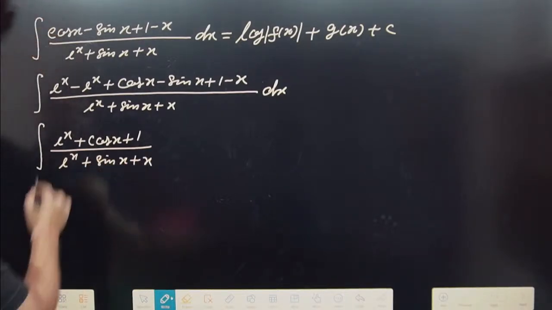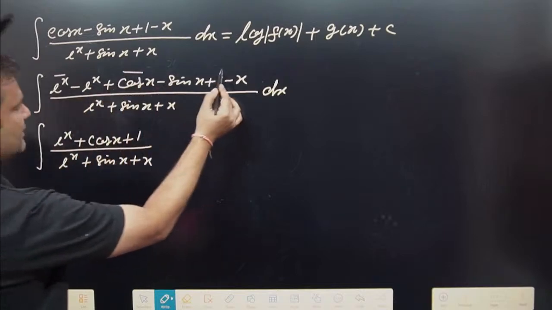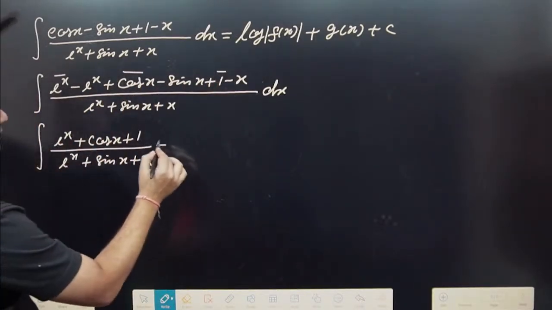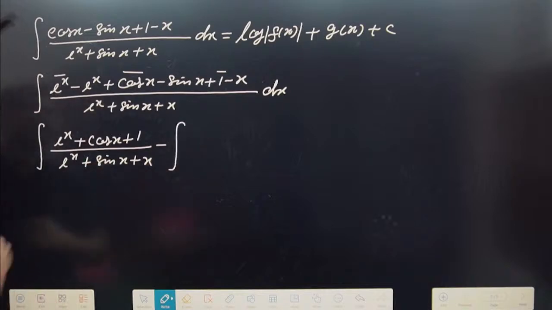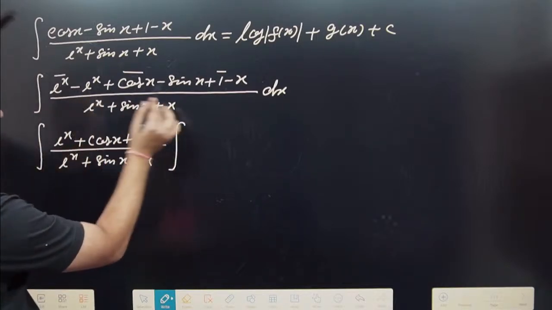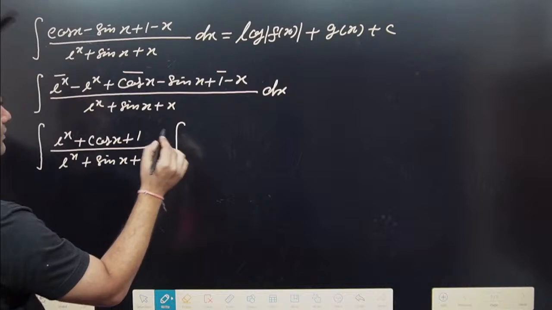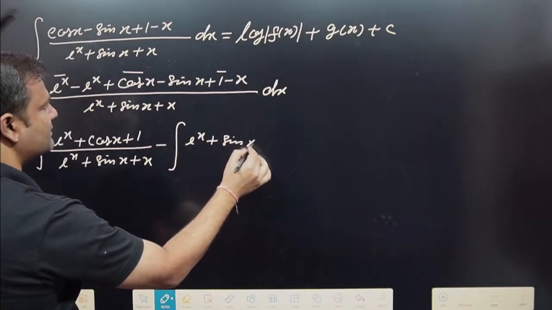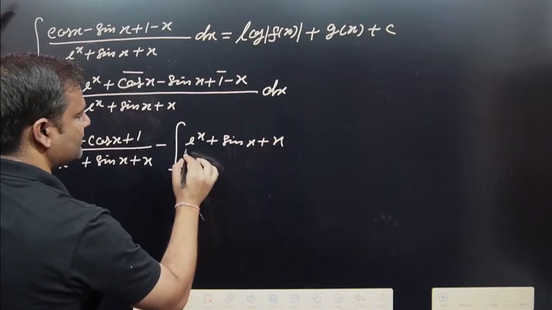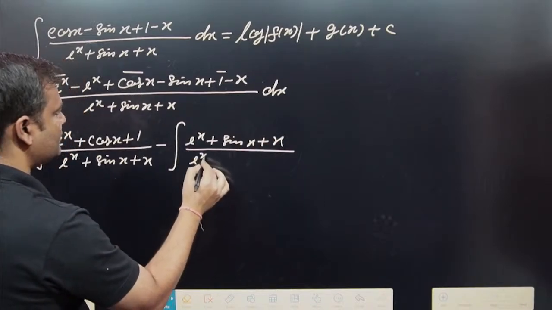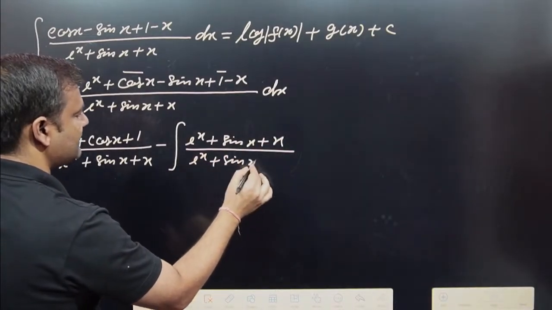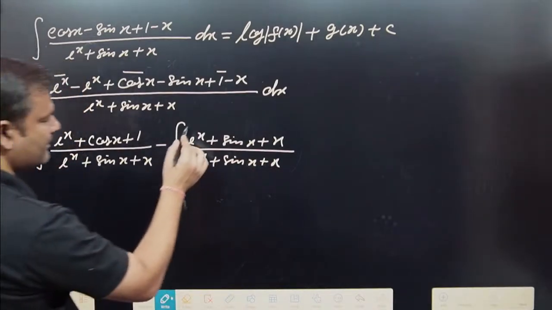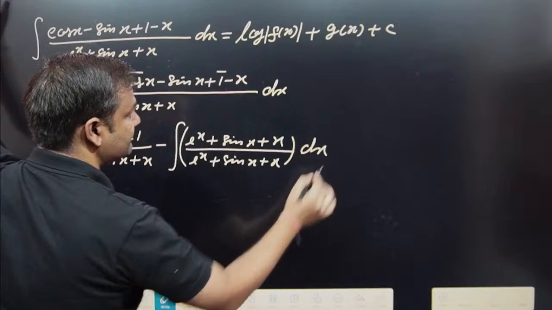Now this one and this one written here, the remaining part, minus common this one and this one, then we get e to power x plus sin x plus x divided by e to power x plus sin x plus x, into dx.